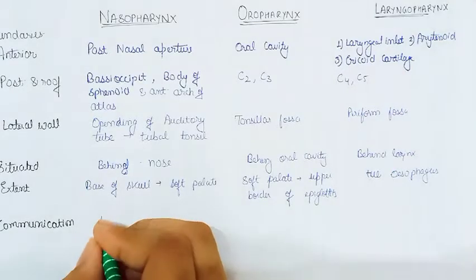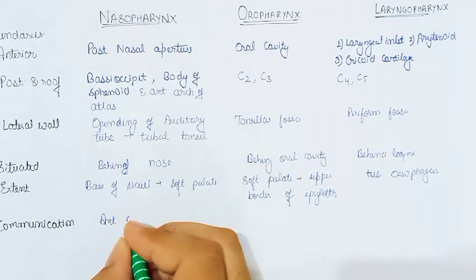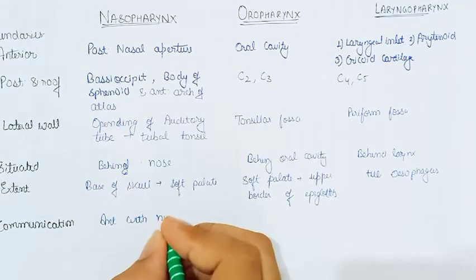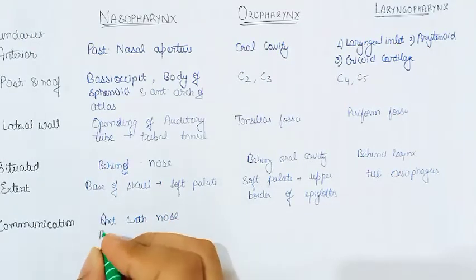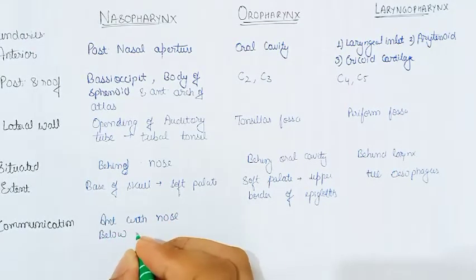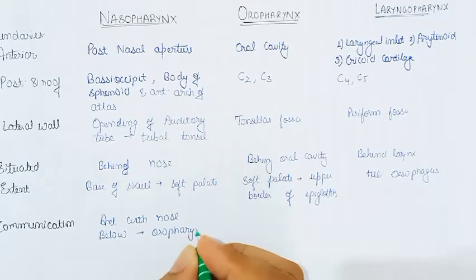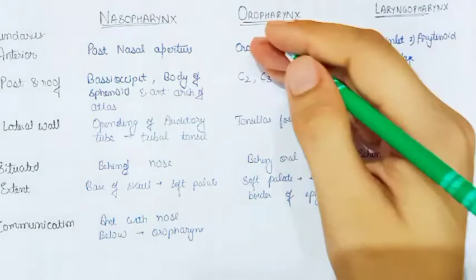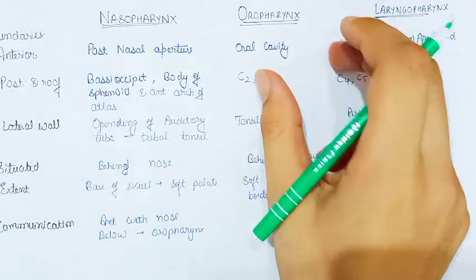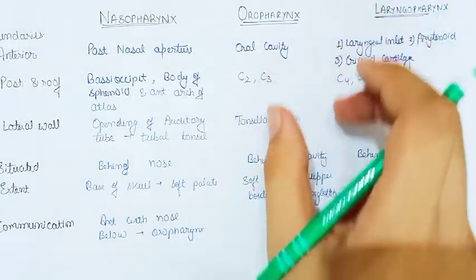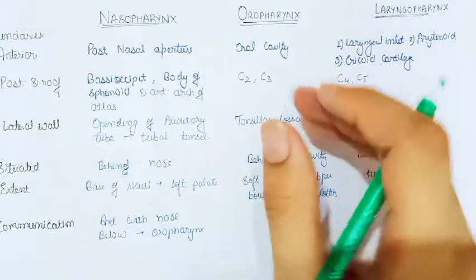The nasopharynx communicates anteriorly with the nose, and downward, or below, it communicates with the oropharynx. See, all these structures are one above the other. The upper communicates with the lower, the middle communicates with the upper and lower, and the lowermost communicates with the upper.